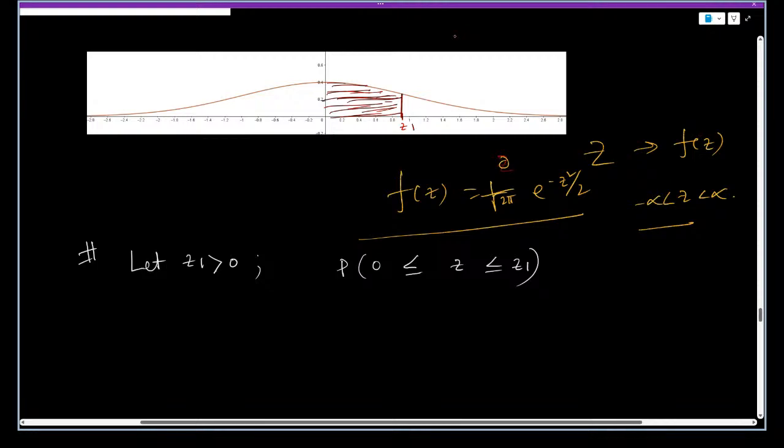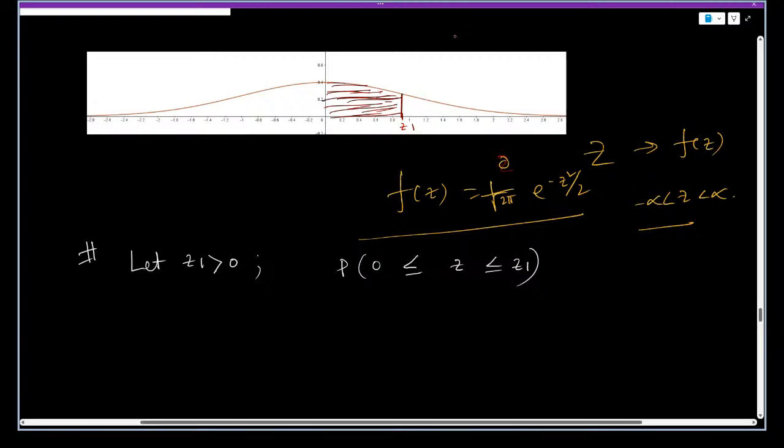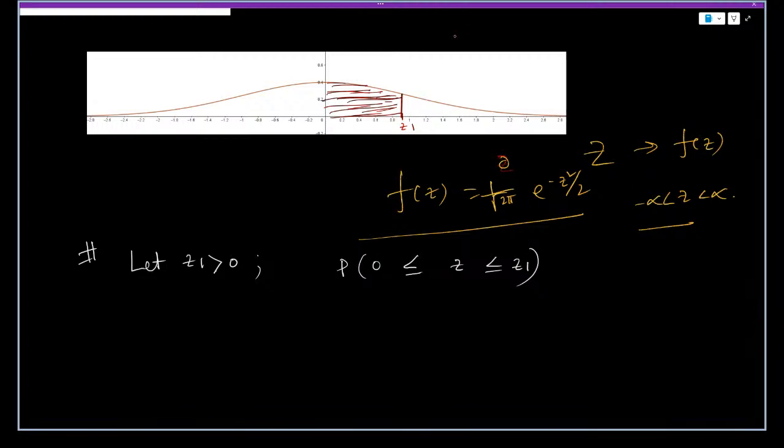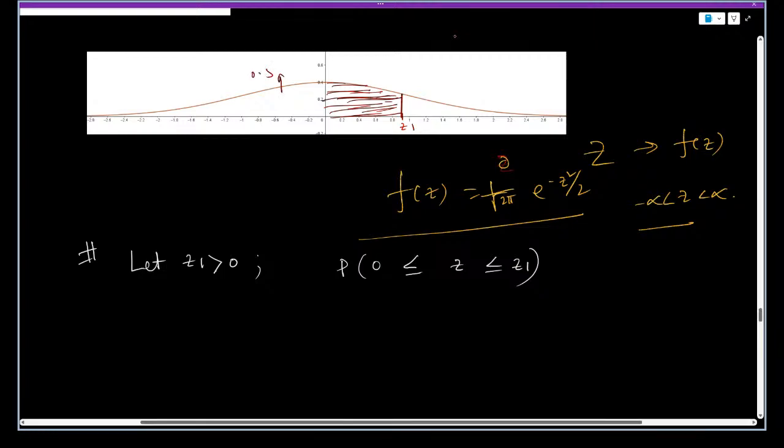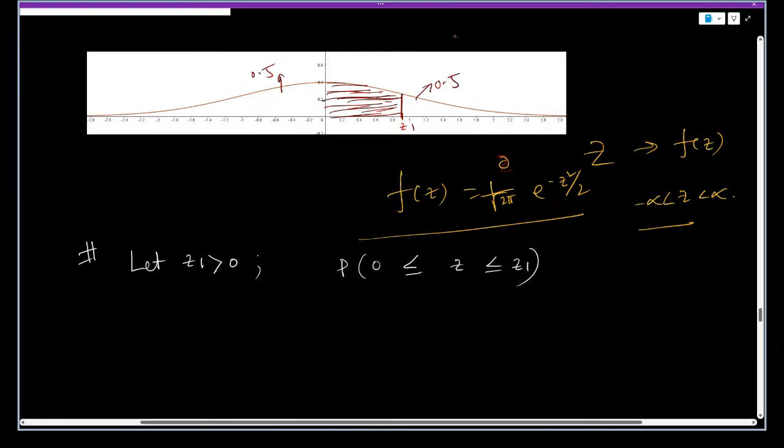But how will it be solved with the table given in other books? No problem. You should remember that when they have given the probability up to Z1, from there you subtract the probability of the left portion. This portion has probability 0.5 and that portion has total probability 0.5. If minus infinity to Z1 is given, from 0 to Z1 you can find by subtracting 0.5 from that value.